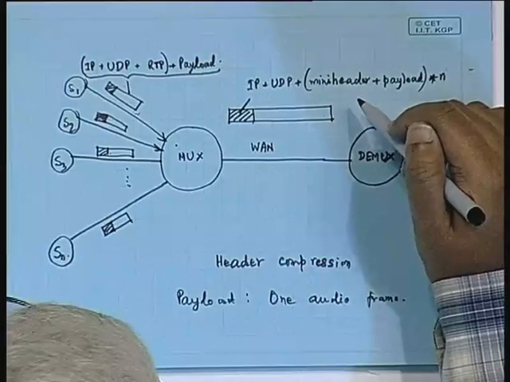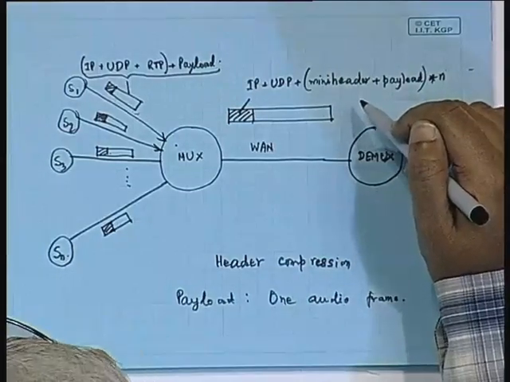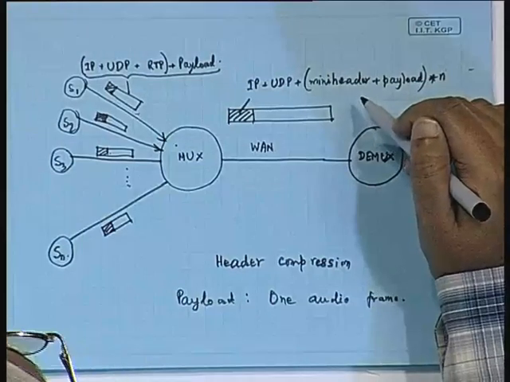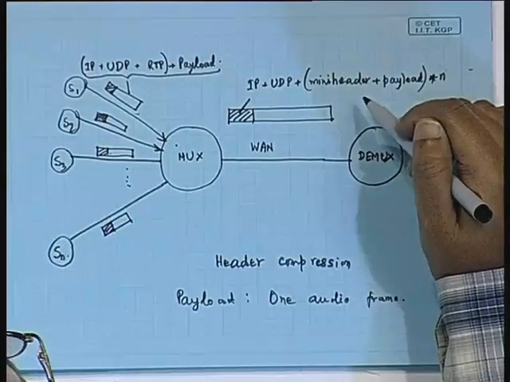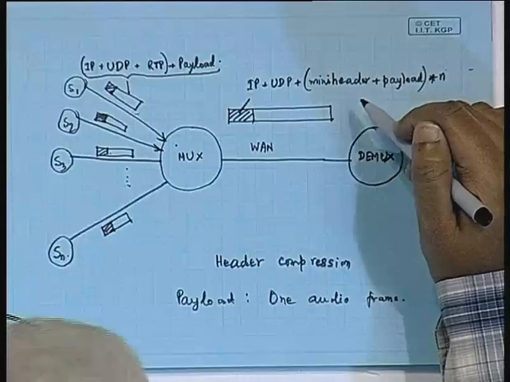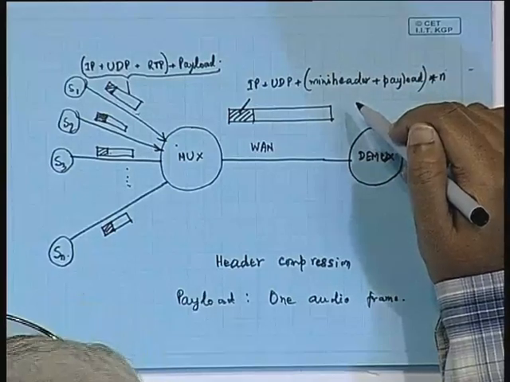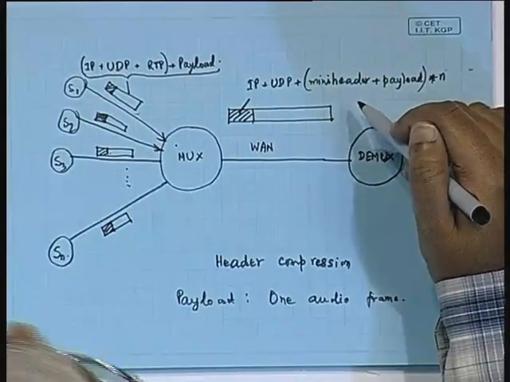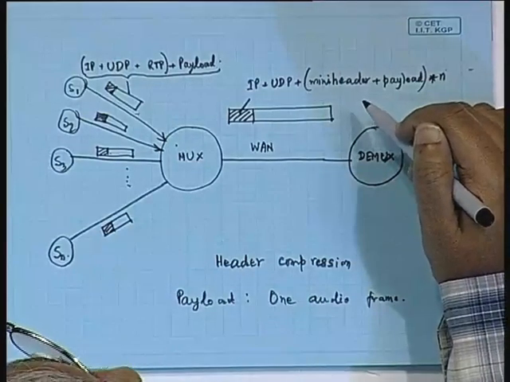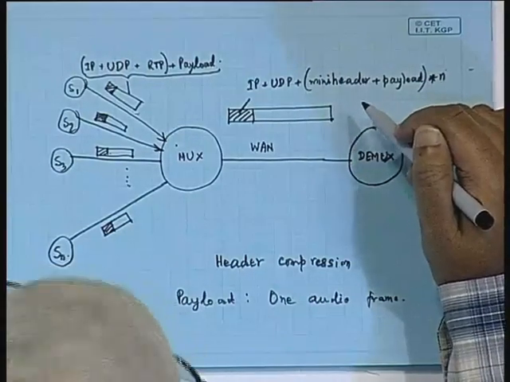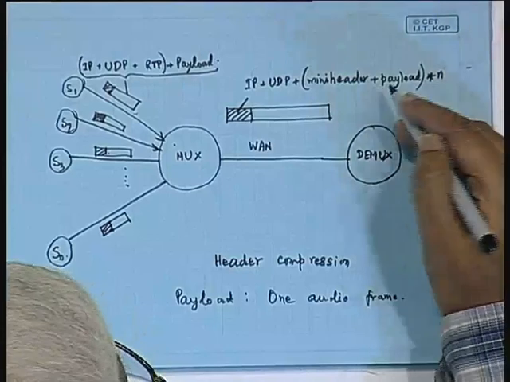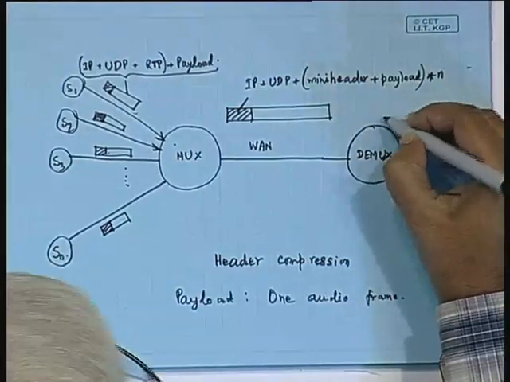And from the mini header information we should be able to again compose what the desired information will be, because mini header may contain some information in the compressed form. So, there we have to again decompress it and then send it to the different receivers.